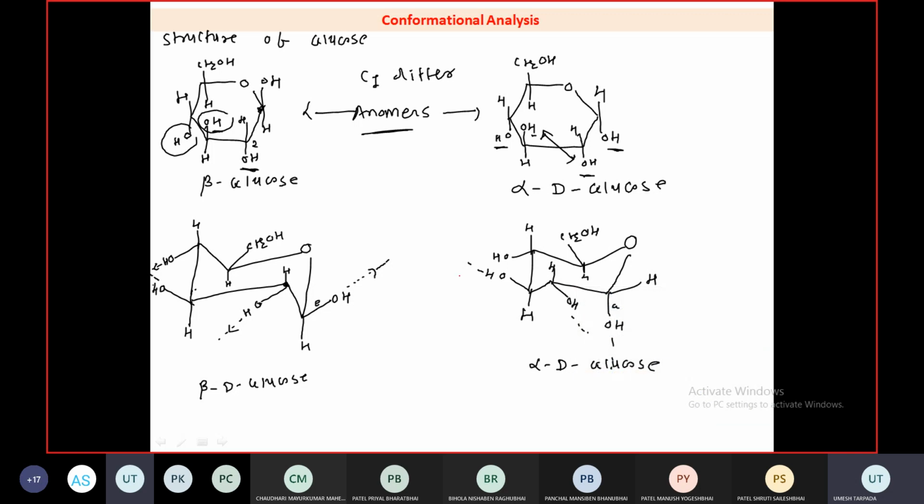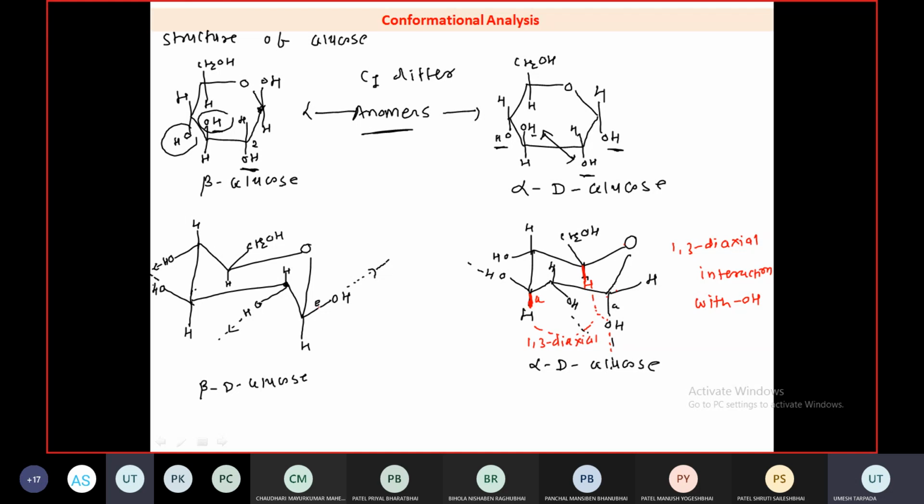These two groups are at axial position: this OH, which is axial, and the hydrogen at number 3, which is also axial. So because of the 1,3 diaxial interaction, for this 1, 2, and 3, this is also a 1,3 diaxial interaction. If you consider this hydrogen on this side and give numbers, then it is 1,5 diaxial, or you can say 1,3 diaxial interaction. Two such 1,3 diaxial interactions are there with the OH group.